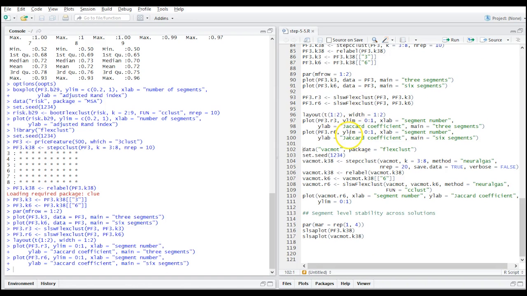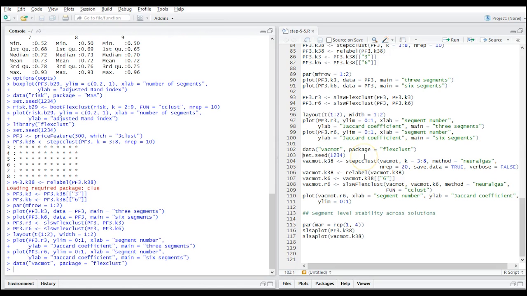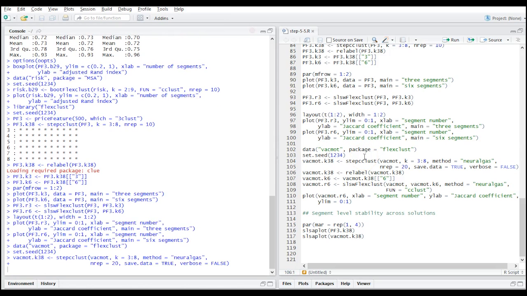And we can do the same kind of analysis now on a real dataset using the vacation motives dataset. We again run k-means clustering, but with a different algorithm for finding the optimal partition.